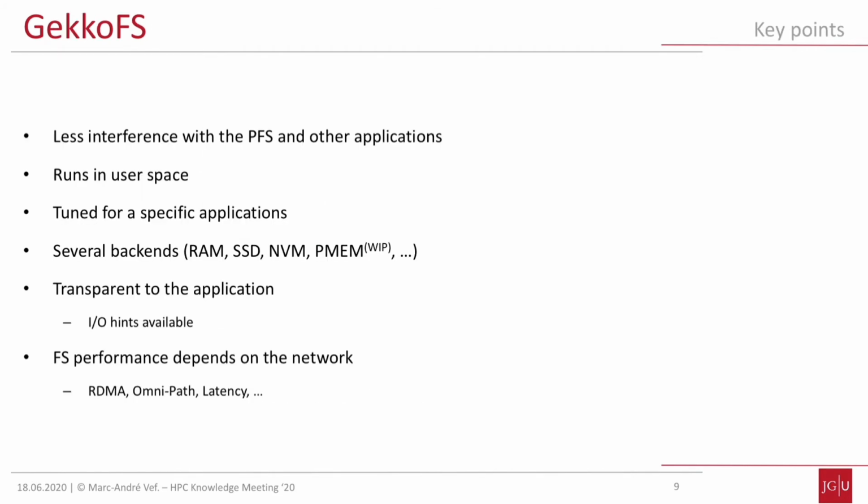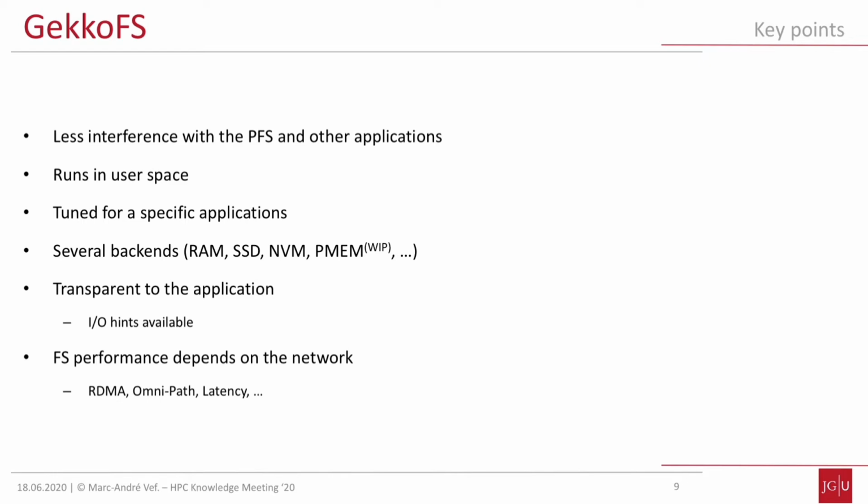The key points here for GekkoFS are that there is less interference with the parallel file system and other applications because they run on their own. It runs completely in user space, so no kernel extension is needed.